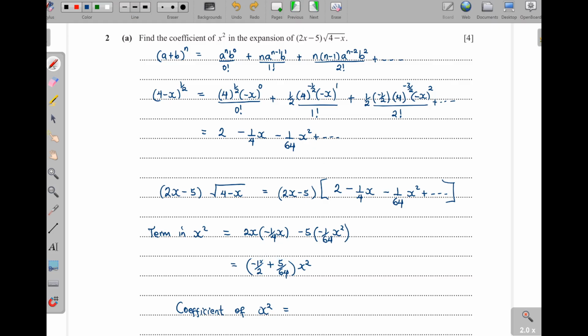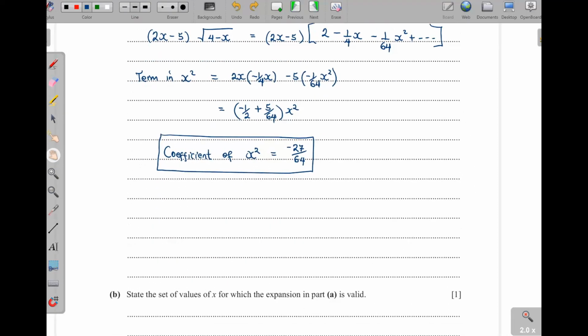So that means this whole thing is going to be negative 27 out of 64. And that is our final answer. Please, when you are concluding here, there are some people who just write x squared is equal to this. No, you are forming an equation. We have to write coefficient of x squared, then is equal to that. Is that okay? All right.